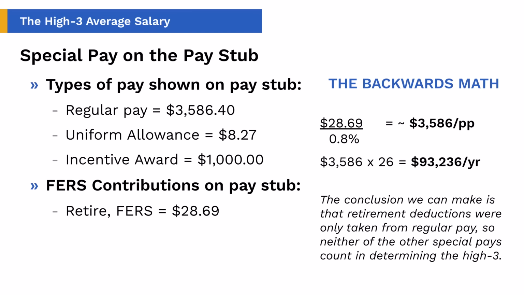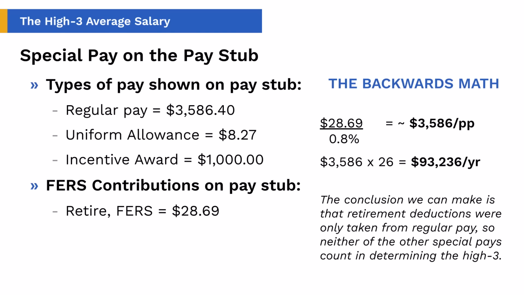So we know that those special types of pay aren't being included in the High-3 calculation because they're not considered for retirement purposes.